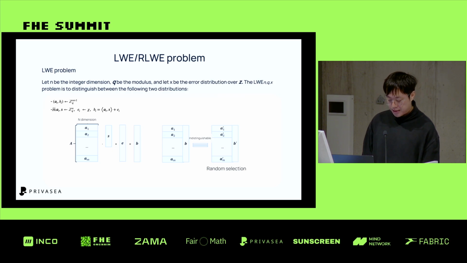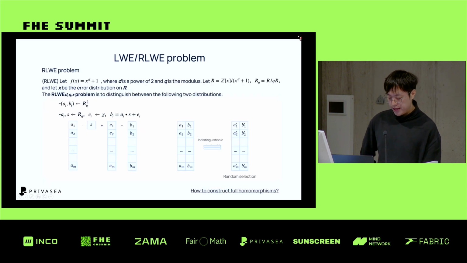In mathematical terms, given a dimension n, a modulus q, and an error distribution over the integers, the LWE problem requires distinguishing between the distribution (A, As + e) and a uniform random distribution. A is a random matrix, s is a secret vector, and e is an error vector. That is the LWE problem.